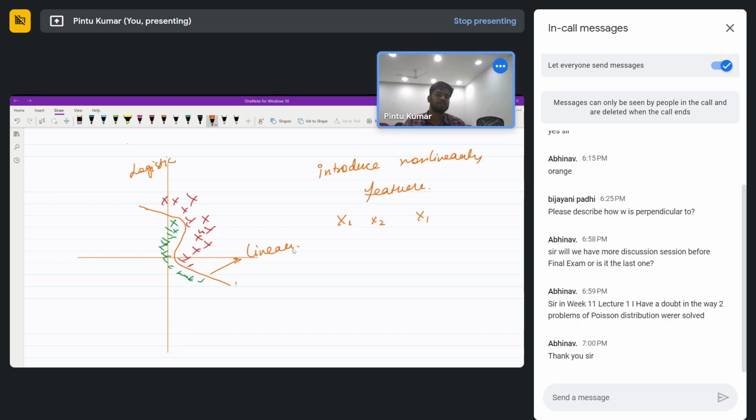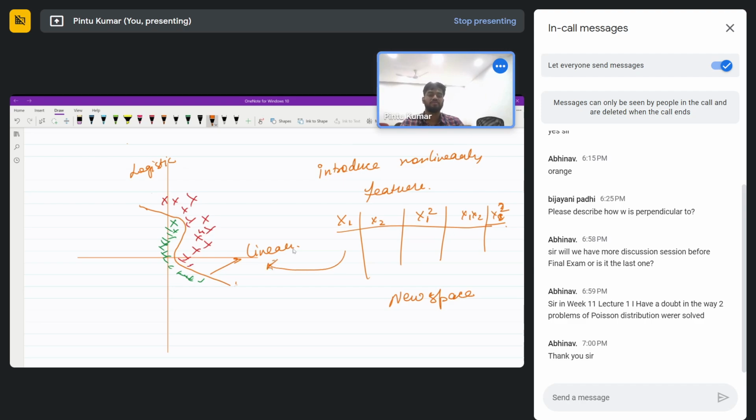If you include x1 square, and the next time you include x1 x2, let's say you even include x2 square. Now with these new features, in the new feature space, the plane that you will be finding will be linear. So in the lifted space it will be linear, but if you then project that line to your original space, that might not be linear.